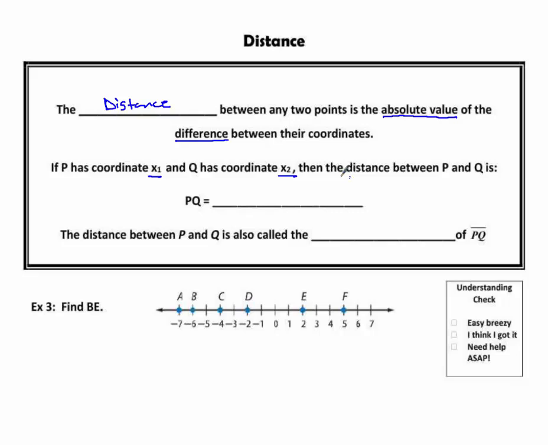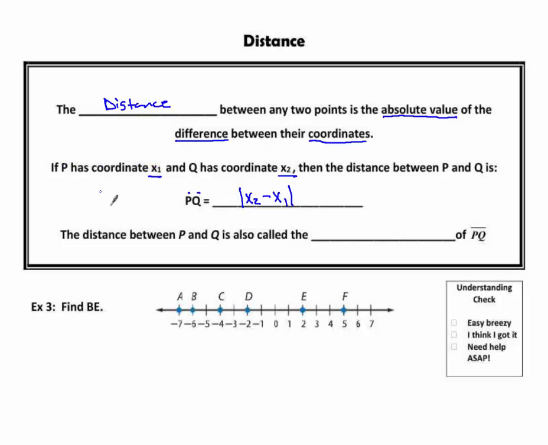We're going to practice it a lot, so don't get too stressed out if this doesn't make any sense right this minute. But the distance between P and Q is PQ. We already know that part. But this up here, the absolute value of the difference between their coordinates, that means that the distance from P to Q is the absolute value of the difference between their coordinates.